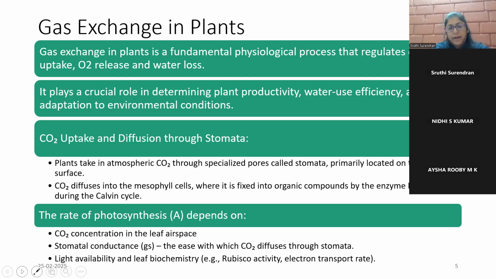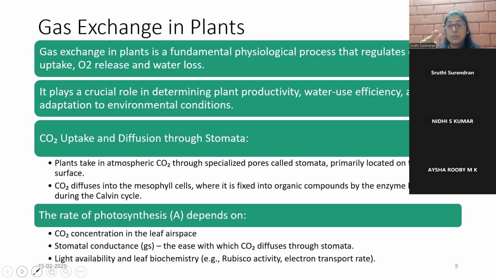And of course, other factors like the availability of light, the concentration of the rubisco enzymatic activity, the rate of electron transport rate, the rate of triose phosphate utilization. All of these factors are affecting photosynthesis.